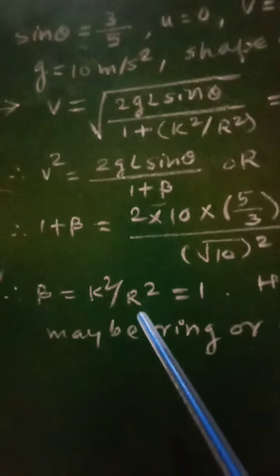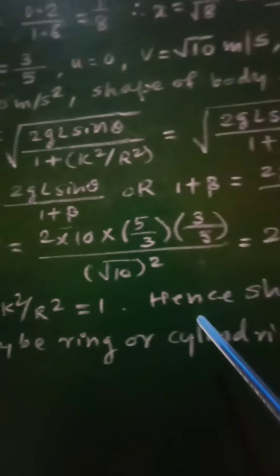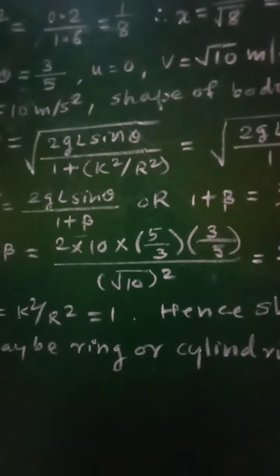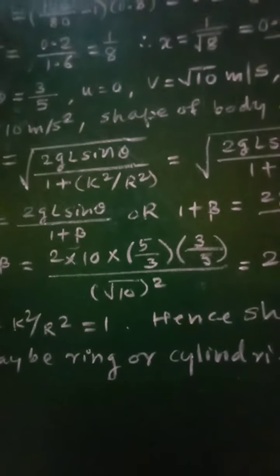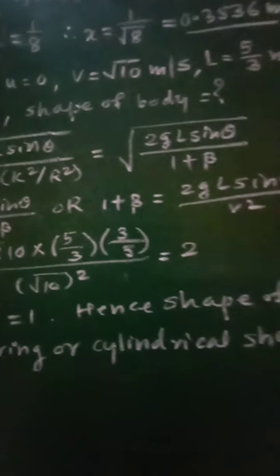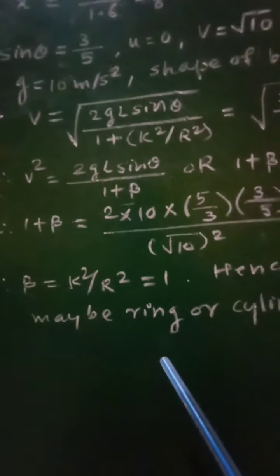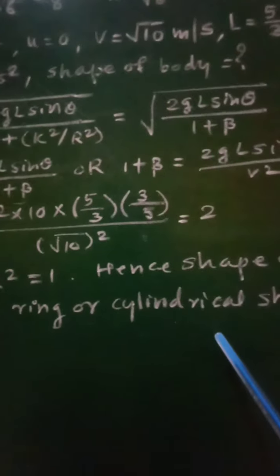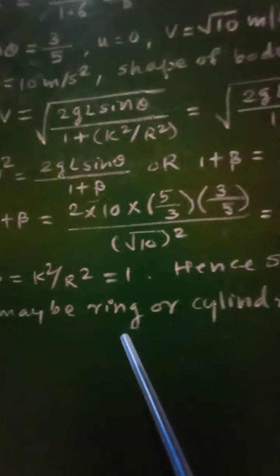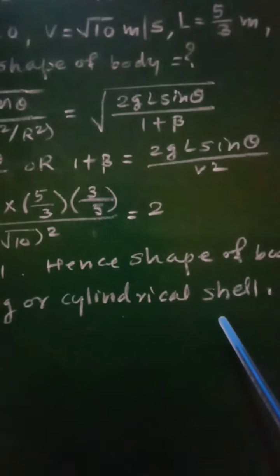As the value of k square by r square is equal to 1, hence we can say that the shape of the body may be either a ring or a cylindrical shell.